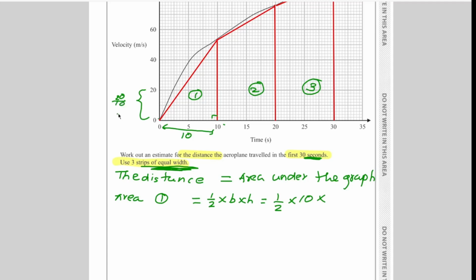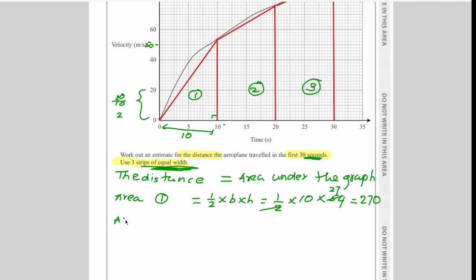Then 20 divided by 10 is 2, so one tiny square represents 2 units. Then here 40, here 50. Then another 2 more squares, 52, then 54. So I'm getting 54 here. Once we simplify it, 2 times 1, 2 times 27, it is 270. So the area of the triangle is 270.